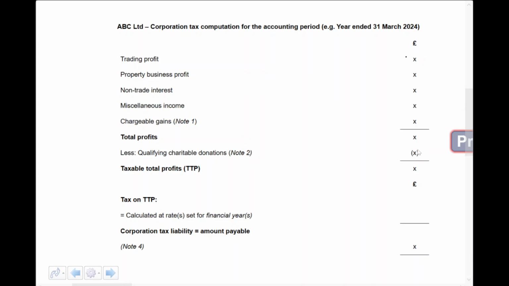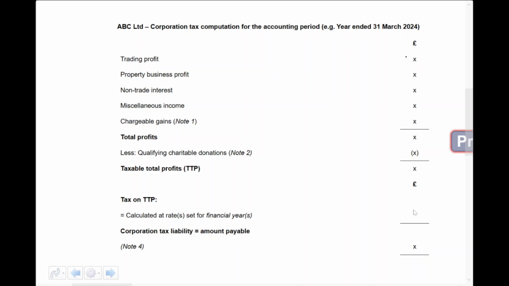Here, we deduct QCDs, or qualifying charitable donations, more of that in due course. That will give us taxable total profits. So in essence, the top part of the CT computation is based around populating all income and just deducting QCDs. And then you get to what we call TTP.